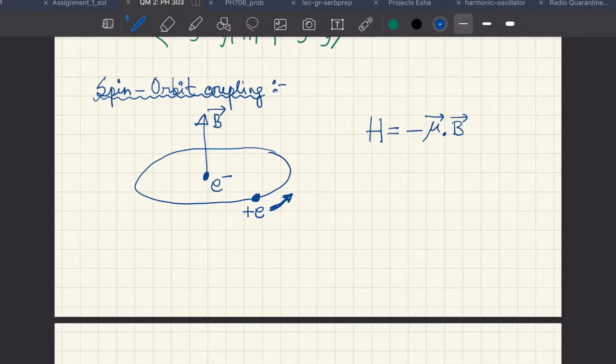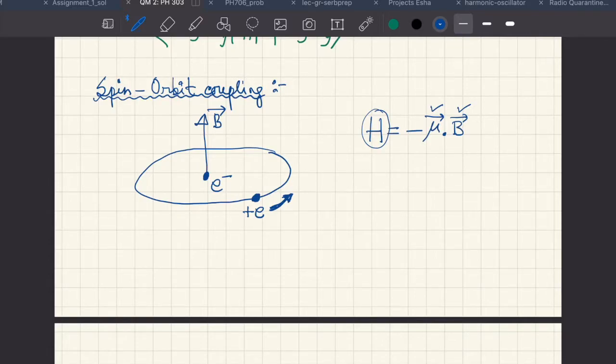We need to figure out the magnetic field of the proton as well as the dipole moment of the electron, because these two are the unknowns, in order to figure out this Hamiltonian, which will give us the interaction between the magnetic moment of the electron and the magnetic field created because of the motion of the proton.